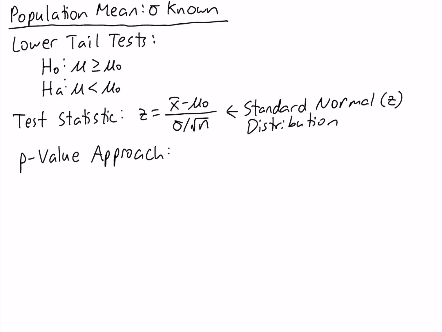In the p-value approach, we calculate something called a p-value. Now, the p in p-value stands for probability.